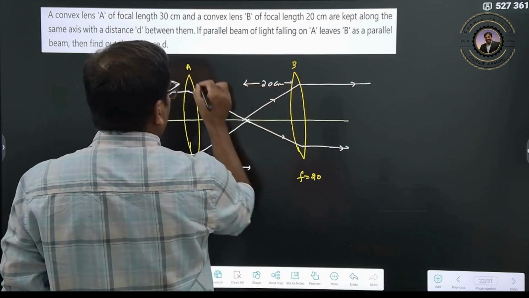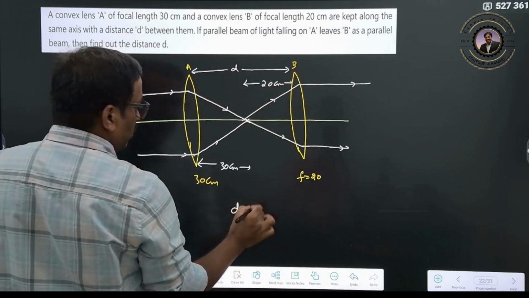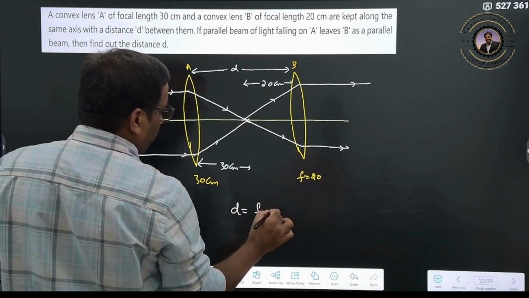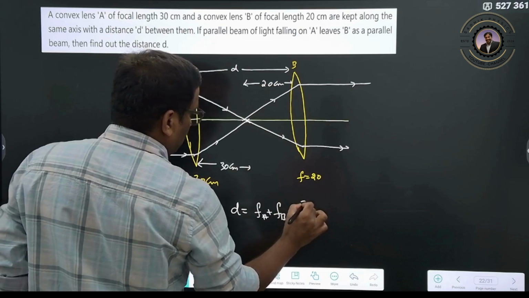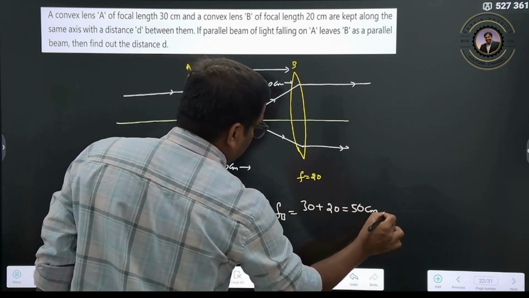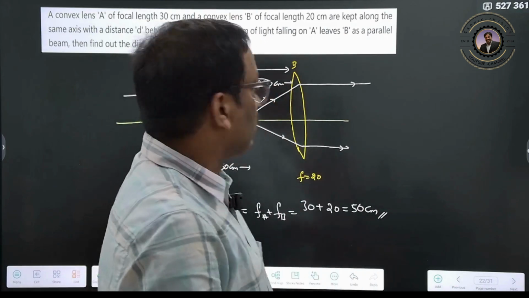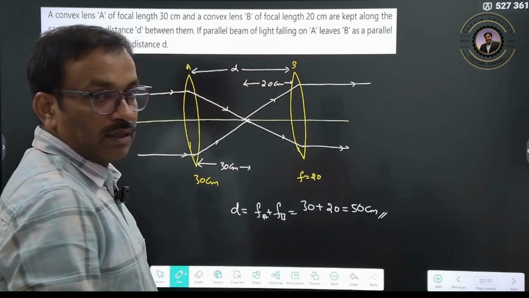So the distance between A and B is D, which is equal to fA plus fB, that is 30 plus 20, that is 50 centimeter. Clear? It is a simple question, so you can understand clearly.